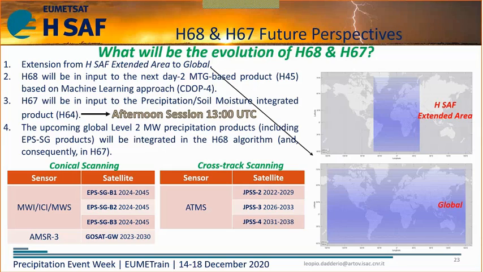You can follow the presentation of our colleague Luca Ciabatta in the afternoon session at 13 UTC. And also the upcoming global level 2 precipitation products, including the EPS second generation products that you can see in the table below, will be integrated in H68 and consequently in H67 products.